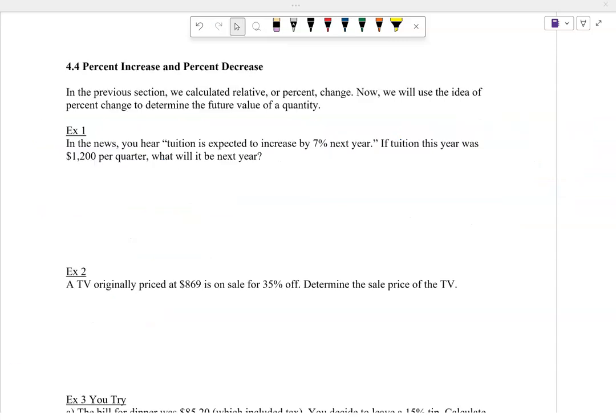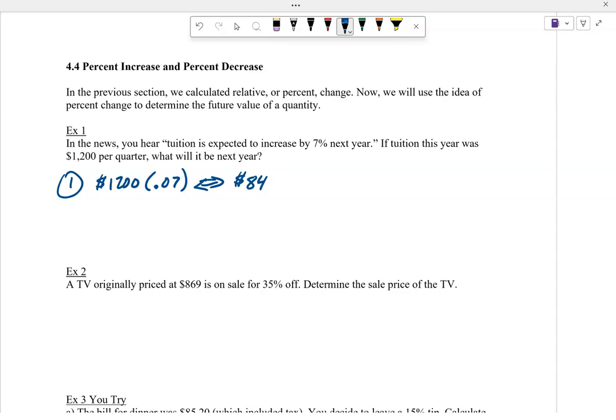All right, so before, we did relative or percent change. Now we're going to use percent change to determine the future value of a quantity. So for example, you hear tuition is supposed to increase by 7%. If tuition this year is $1,200, what will it be next year? Well, step 1, what is 7%? 0.07 of 1,200 gives you $84.